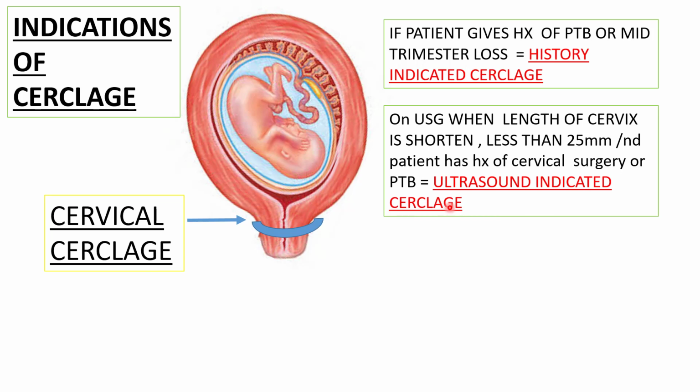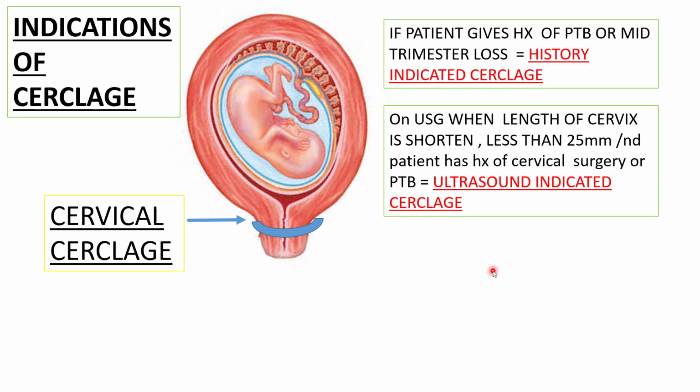So whenever in MCQs the word ultrasound is written and it is written that the length of the cervix is less than 25 millimeter and now you have to apply cerclage, it is the ultrasound indicated cerclage.